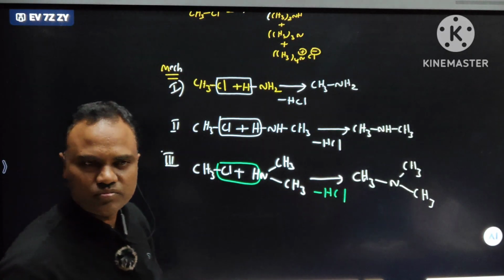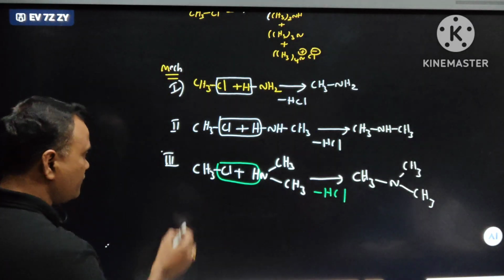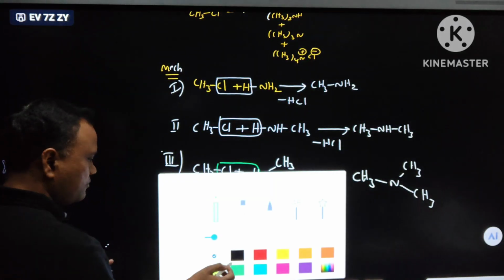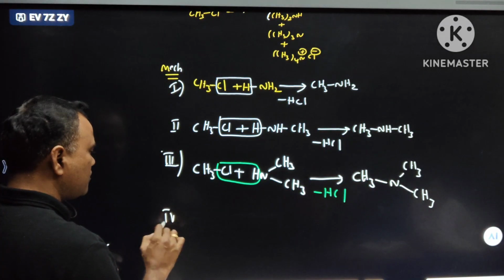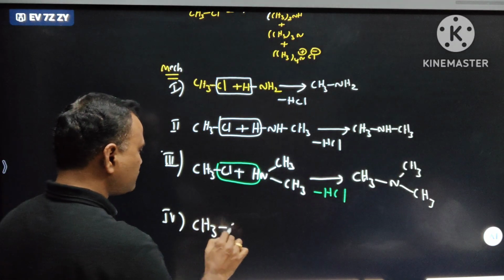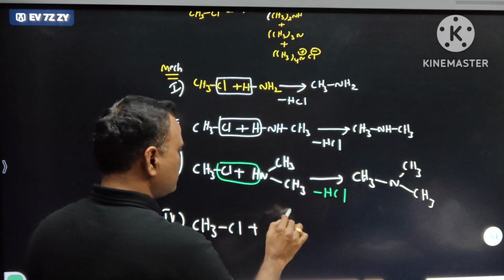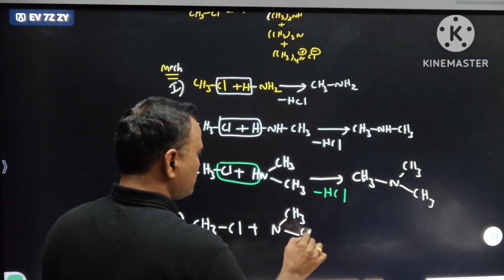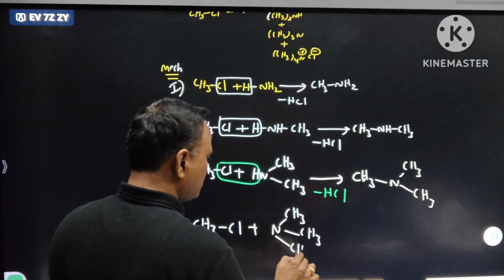This nitrogen has a lone pair of electrons. This is completed in your college, Meenakshi. Yeah, okay, but you are answering correctly. Good.